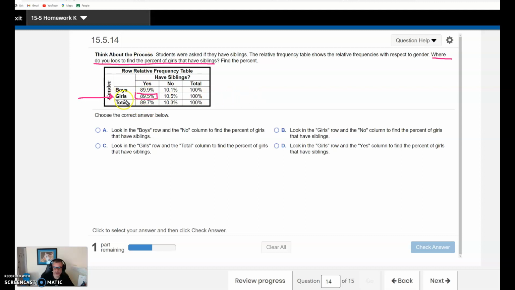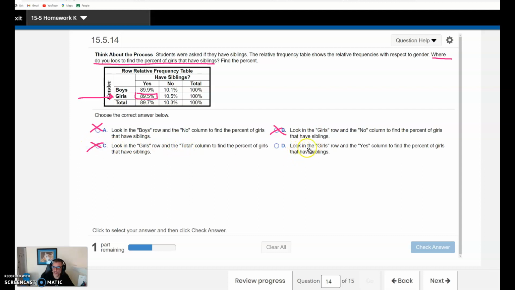Choice A, look at the boys row. Choice B, look in the girls row and the no column. Well, that tells me which ones don't have siblings. Choice C, look in the girls row and the total column. That doesn't tell me really anything.